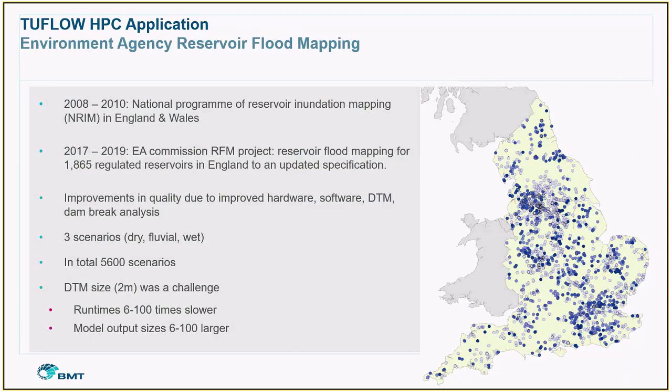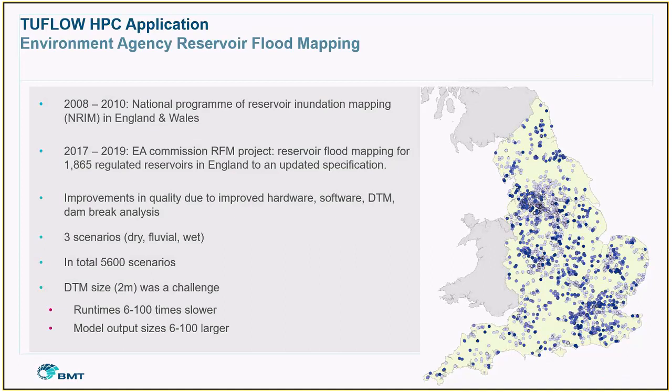However, as soon as you allow simulations to be run on multiple processors or on GPU cards and thus speed up simulation times, users want two things really. They want to create ever bigger models or they want to run more of them. A very good example of this is a project that BMT, with other project partners, was involved in for the Environment Agency Reservoir flood mapping.